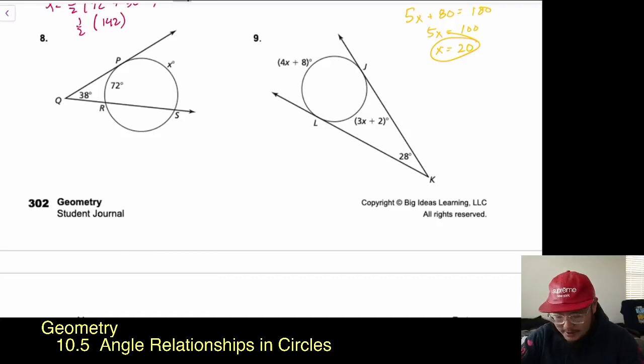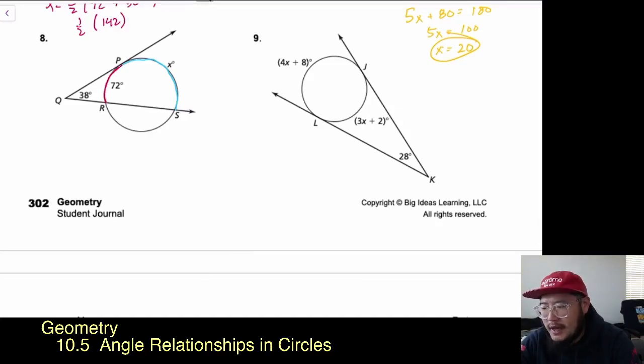Let's take a look next up at number 8. Okay, so right here, it looks like we're going to take a look at theorem 10.15. We have an angle on the outside, and we have ourselves our 2 arcs. The way we take a look at the arcs is we've got the outer arc and the inner arc right here.